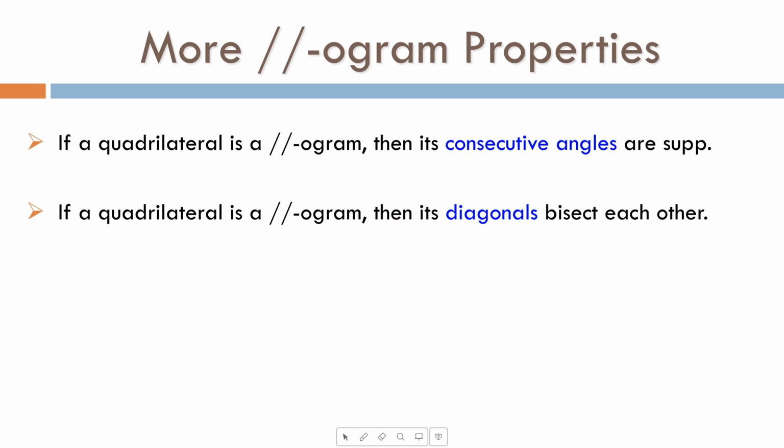And the diagonals bisect each other. I honestly don't remember. Have we defined the term diagonal? No? Okay, a diagonal is a segment that connects non-adjacent vertices in a polygon. I'll say that again. A segment that connects non-adjacent vertices in a polygon. The reason it's non-adjacent is because if it's adjacent, it's just the side of the shape.